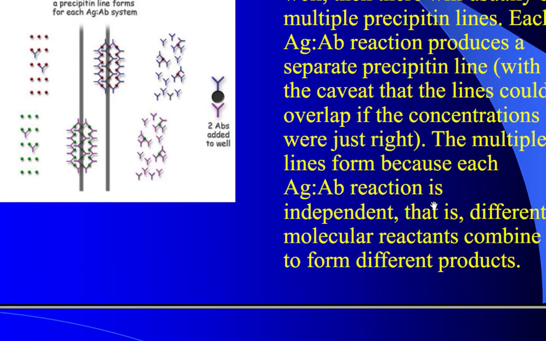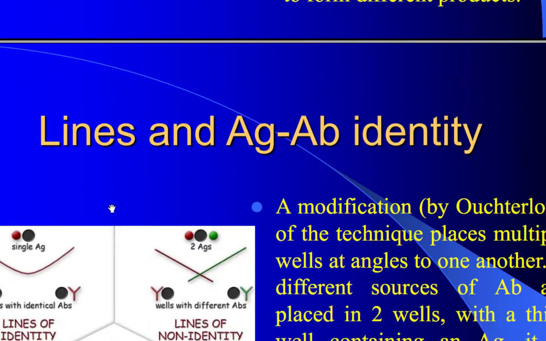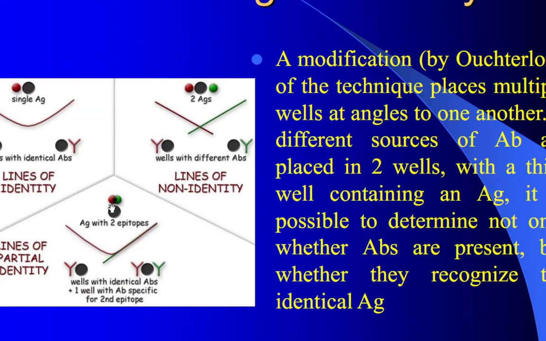The multiple lines form because each antigen antibody reaction is independent, that is, different molecular reactants combine to form different products. Lines and antigen antibody identity.